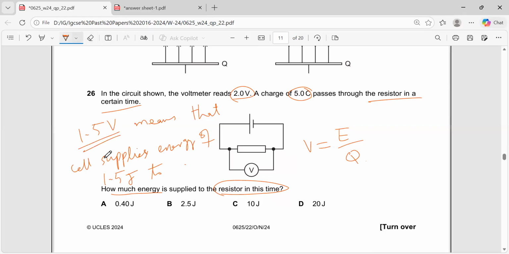Let me write it like this: 1.5 joules to 1 coulomb of charge. So always the denominator is coulomb, per coulomb. This is very common, but this equation used directly is very rare.